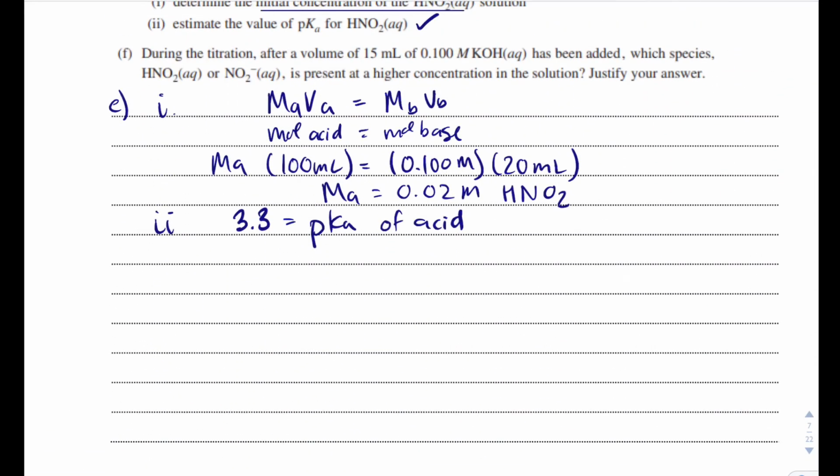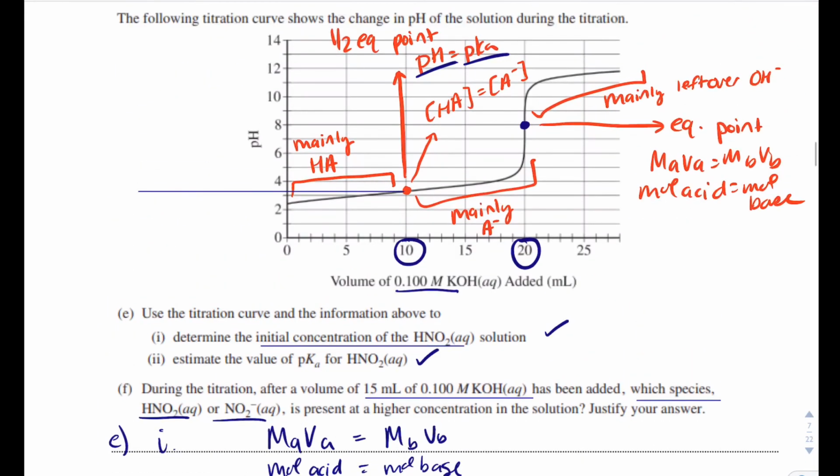So in part F, they say, during the titration, after you've added 15 milliliters of your base, which species, the acid or its conjugate, is present in a higher concentration in the solution, so we need to justify? Well, let's just find 15 milliliters. That would be about here. And look, that's mainly the conjugate because we've already labeled this as mainly A minus.